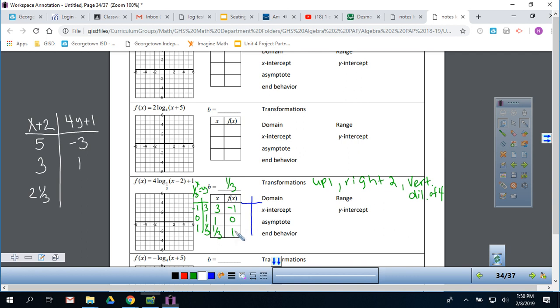Here was our y, so we're going to have 4 times 1 plus 1, which is 5.